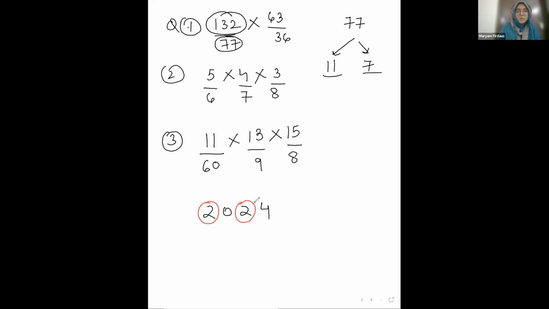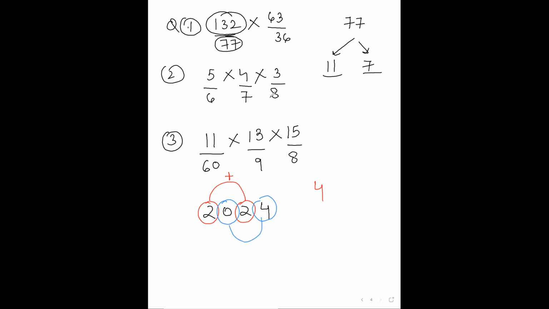So you take 2 and 2, you add them. What is 2 plus 2? 4. Then you take the other set of numbers at alternate places. What is 0 plus 4? 4.